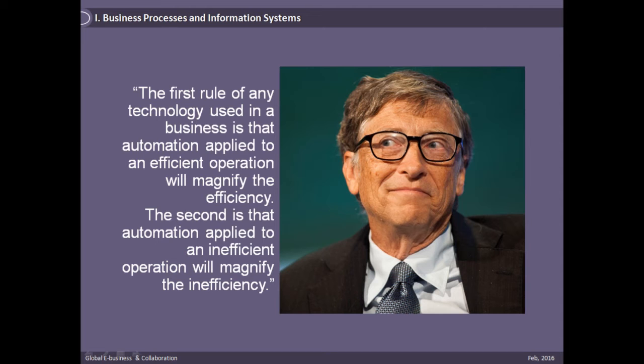Technology can help somehow, but it only has value if it is applied in a business that is efficient. If the process is not efficient, then the technology can't help much.